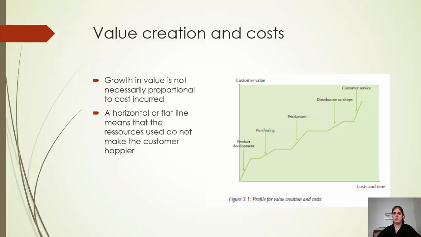In this example, we see that things like product development and customer service are where the line for customer value rises higher. Whereas if we look at purchasing, the perceived value does not increase as much as the time and costs.